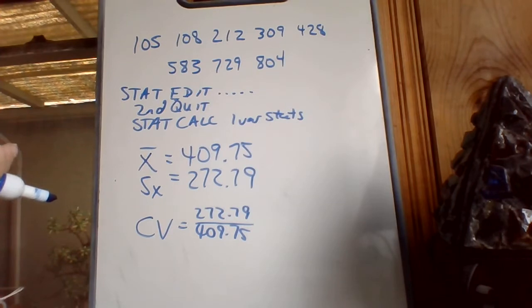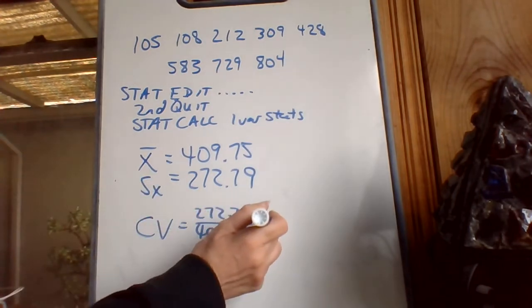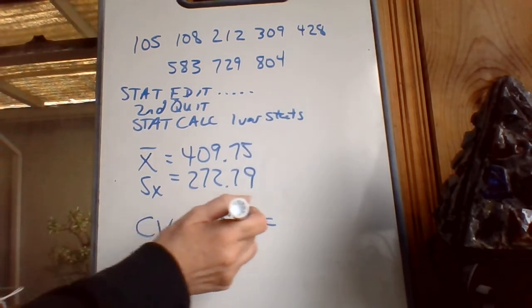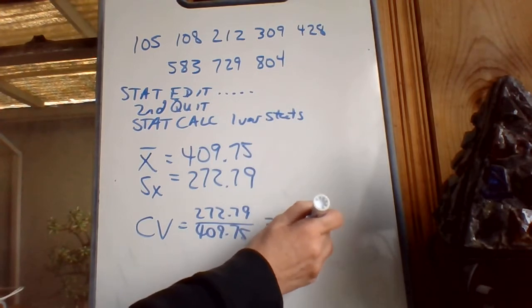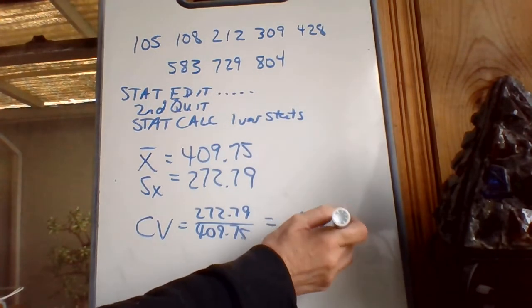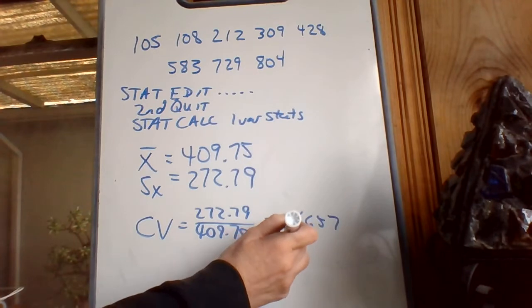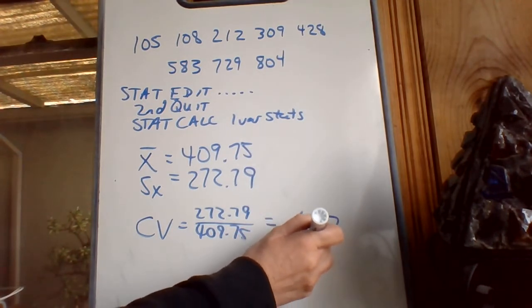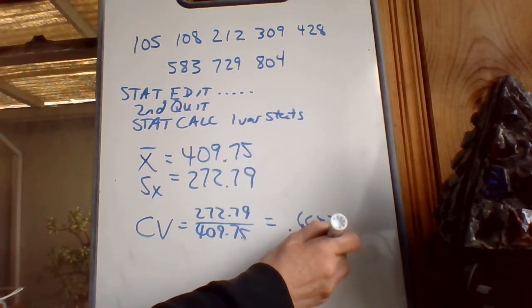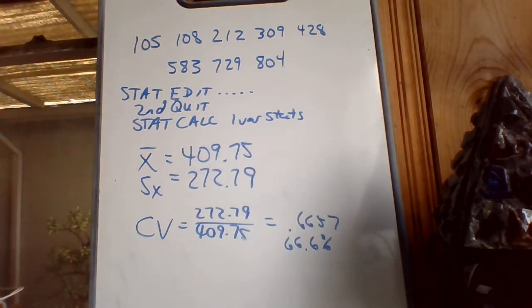Okay, and it's supposed to be as a percent. All right, if it said 0.6657 something, I need to change it into a percent, 66.6%. You want to save 1 decimal place after you've done the percent.